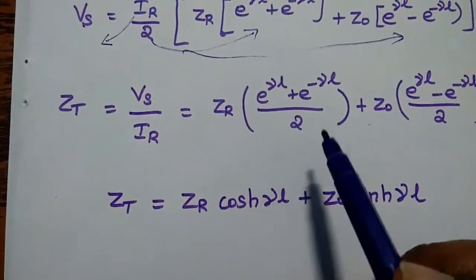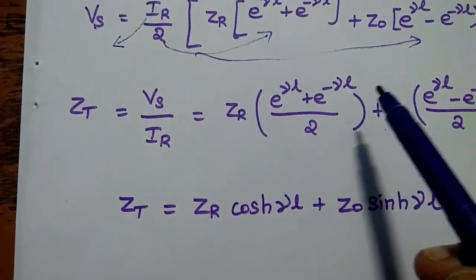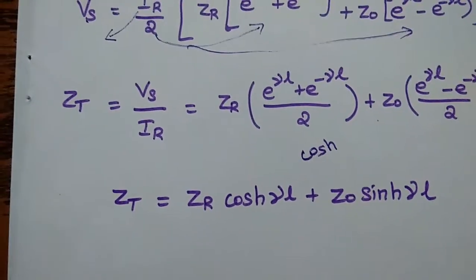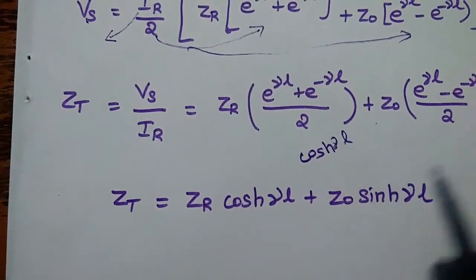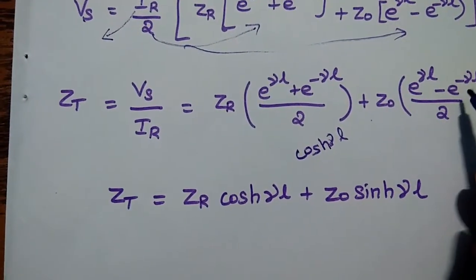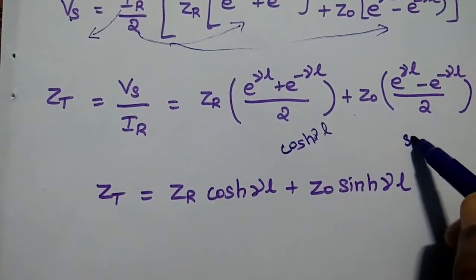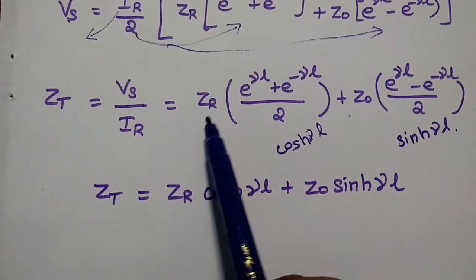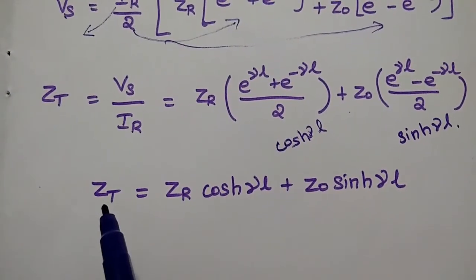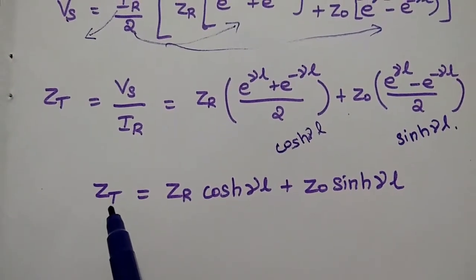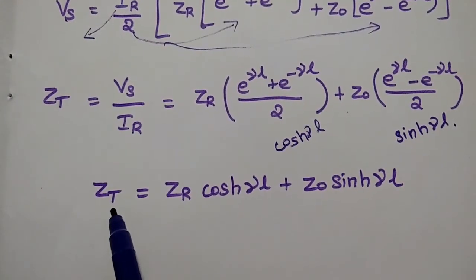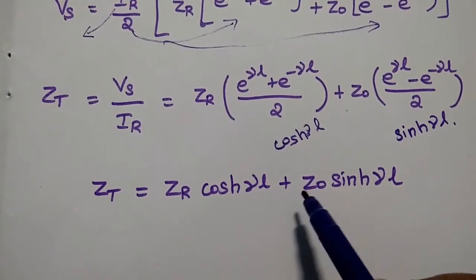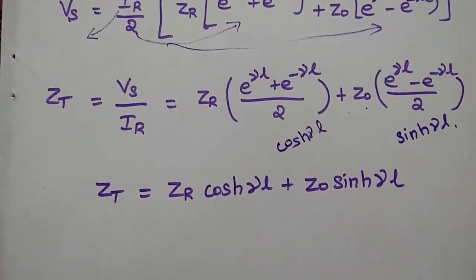As we know that (e power gamma L plus e power minus gamma L)/2 is nothing but cosh gamma L. Similarly, (e power gamma L minus e power minus gamma L)/2 is nothing but sinh gamma L. So finally, the transfer impedance of the transmission line is obtained as ZT is equal to ZR cosh gamma L plus Z0 sinh gamma L.